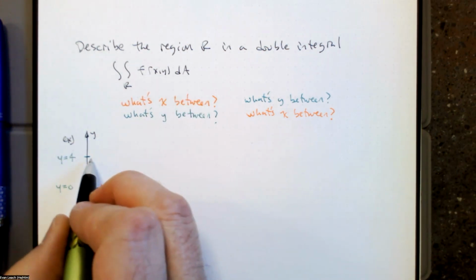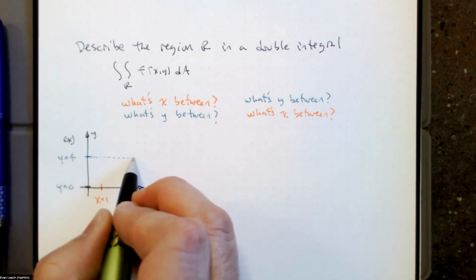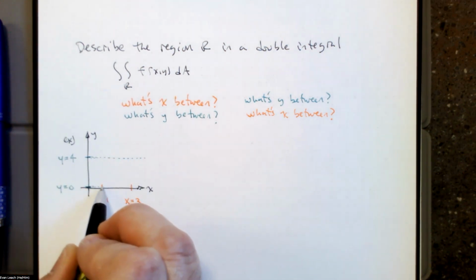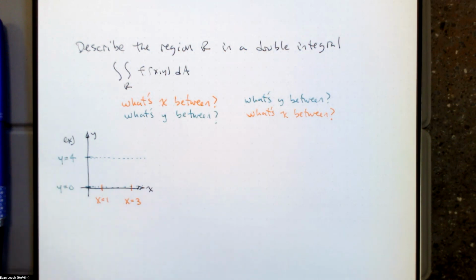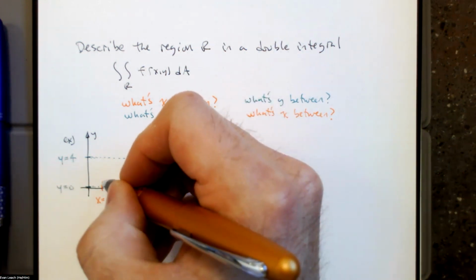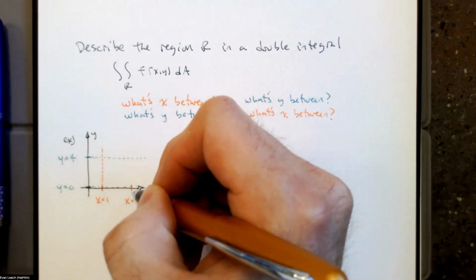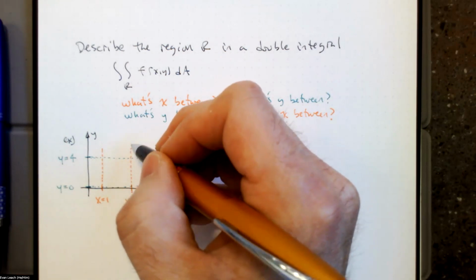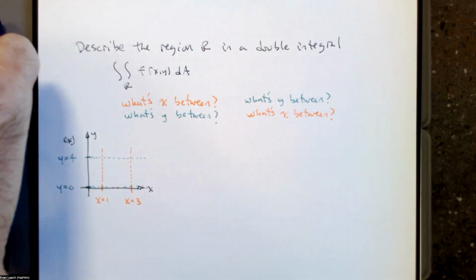Let's suppose I've got this rectangle where the y values go from 0 to 4 and the x values go from 1 to 3. And there's my region R.